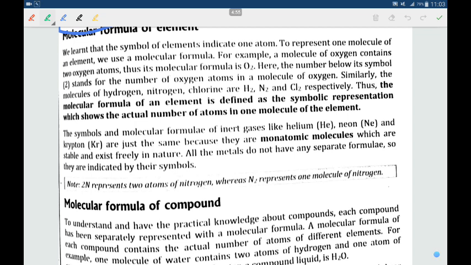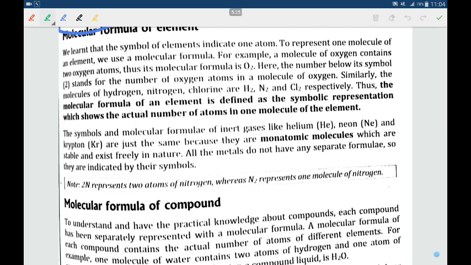For example, if I say hydrogen, helium, lithium, beryllium, boron, oxygen, carbon, chlorine, they possess molecular formula of element. But if I say water, carbon dioxide, sulfuric acid, sugar, alcohol, then they possess molecular formula of compound.